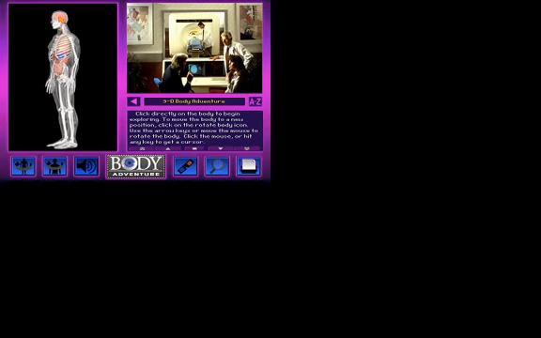To move the body to a new position, click on the Rotate Body icon. Use the arrow keys or move the mouse to rotate the body. Click the mouse or hit any key to get a cursor.